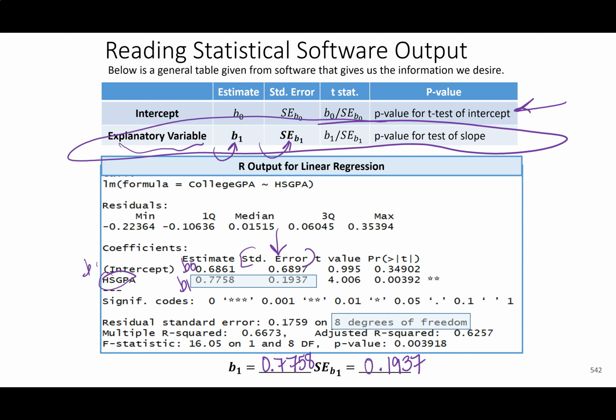And then my degrees of freedom is going to be my sample size minus k plus 1. So it's going to be 10 minus, I only have one explanatory variable, high school GPA, and it's quantitative. So 1 plus 1, so 10 minus 2 would be 8. So I'll use that on my next slide there.